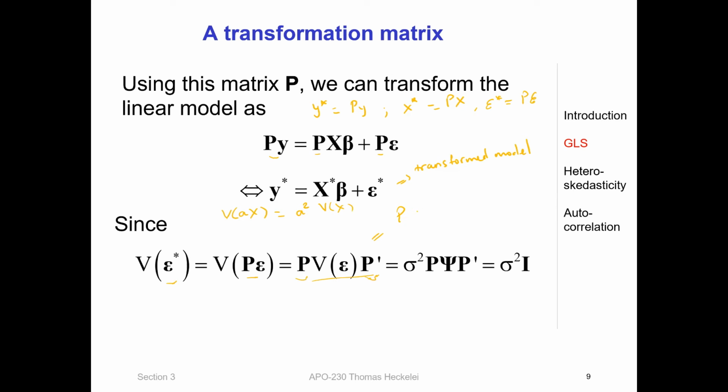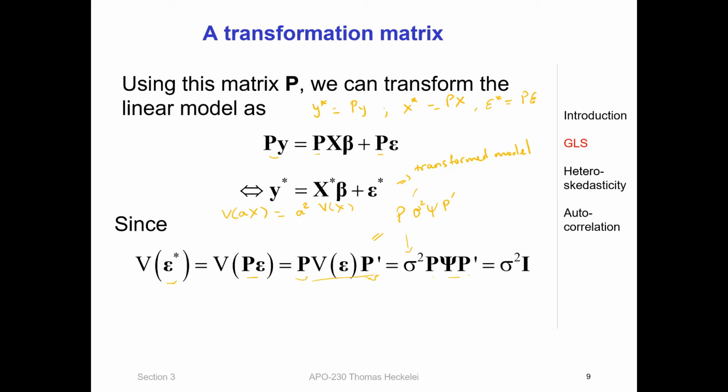Before we have sigma square times psi, right? The DC that we have is collected in psi, okay? Then times p prime. Now, because sigma square is a common factor and somehow a constant, we could write it in a way that sigma square comes first, and then p times psi and times p prime again.